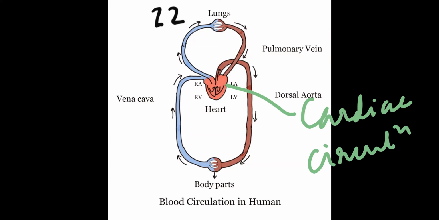The way you saw the pulmonary circulation is between heart and lungs. The systemic circulation is between which two? If pulmonary circulation is between heart and lungs, then systemic circulation is between heart and body parts.